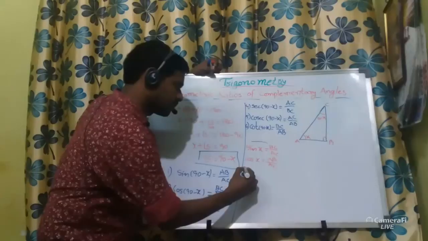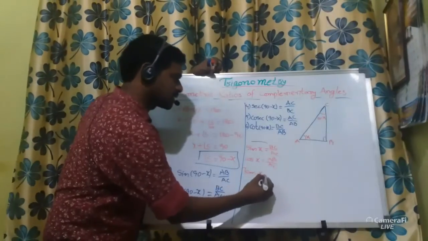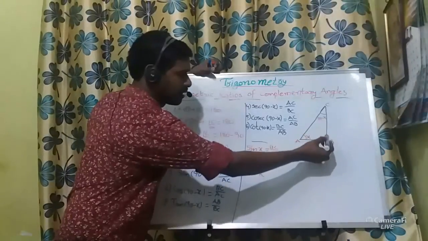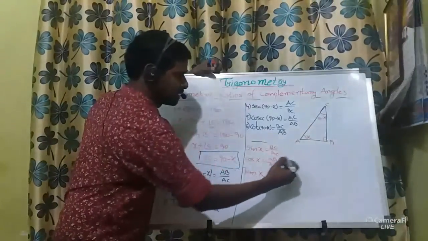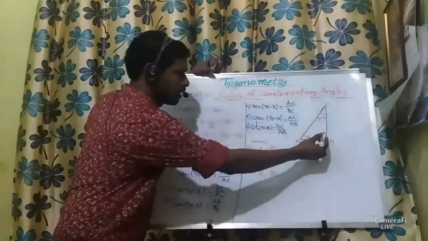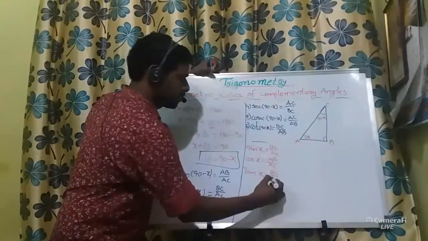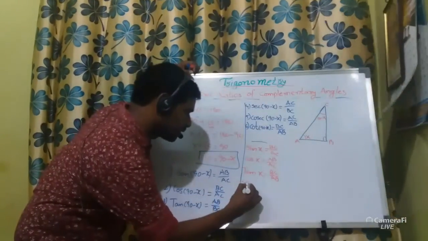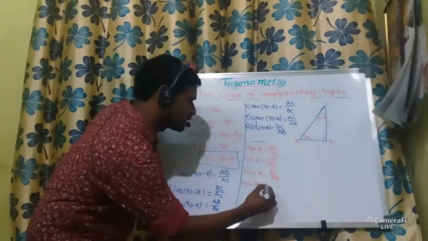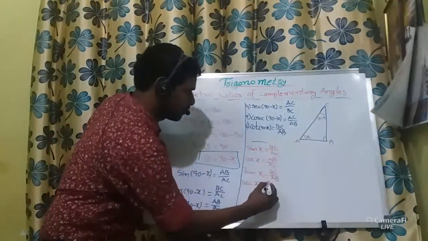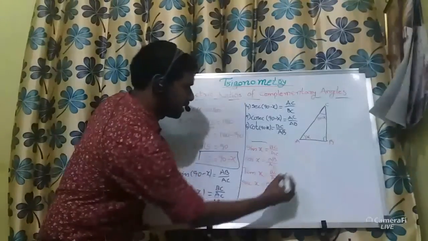Next, tan x with respect to the angle. The opposite side of the angle x is BC and the adjacent side is AB, so BC by AB. Next, secant x is hypotenuse AC by adjacent side AB.